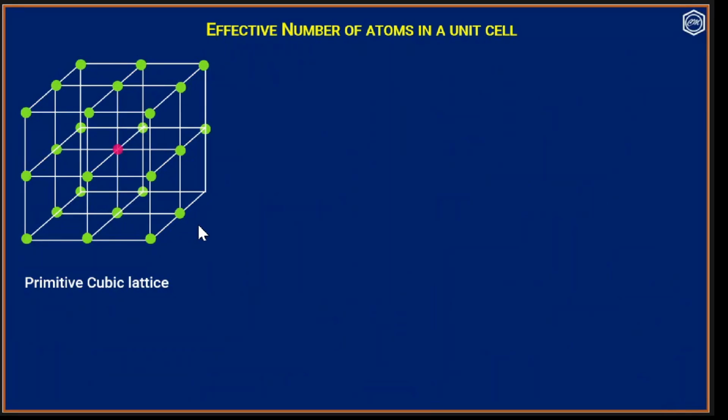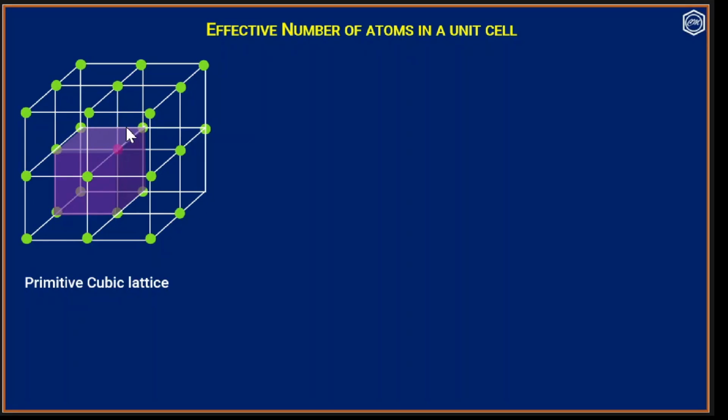In a lattice, the same lattice point is shared by different unit cells, so the effective number of atoms per unit cell varies. Let us take the primitive cubic lattice. So consider this red lattice point.